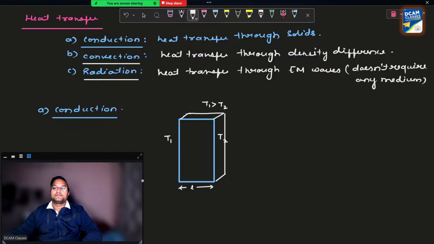Like this. And the cross section area is A. Suppose here also, here also.